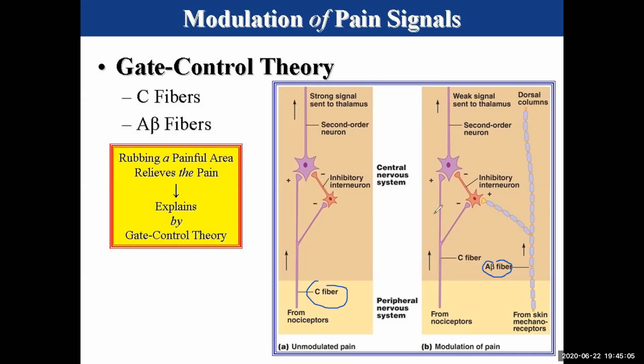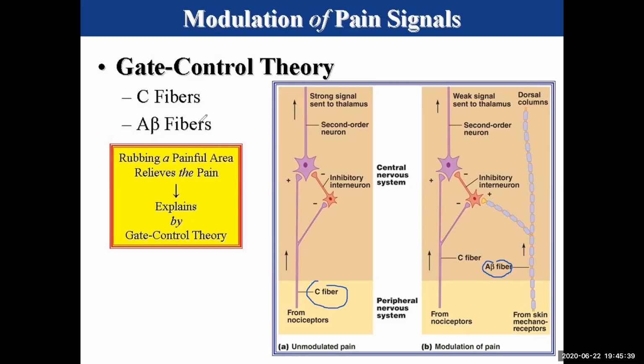And when this signal comes in, that cell body has been hyperpolarized. So significantly less action potential will be sent toward the central nervous system, leading to perceiving less pain. So this is why we rub our skin area when we bump our elbow into something. The more you rub, the more you lessen the pain because of this gate control theory, right?